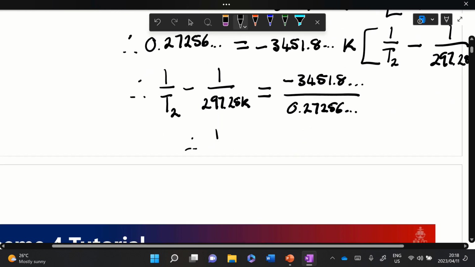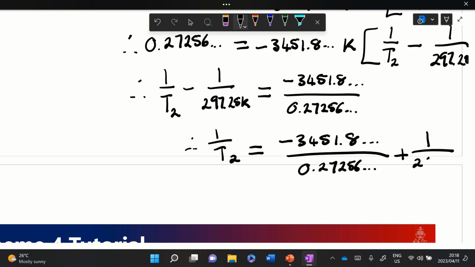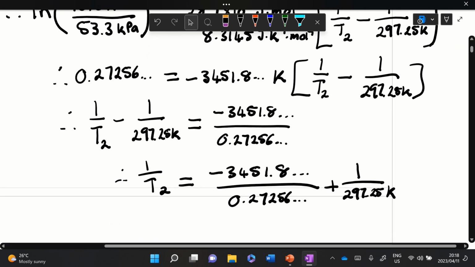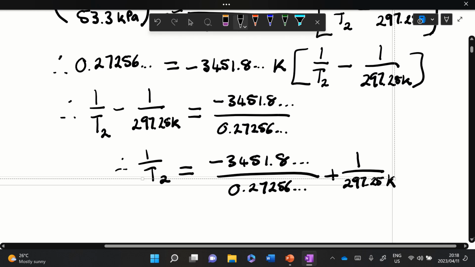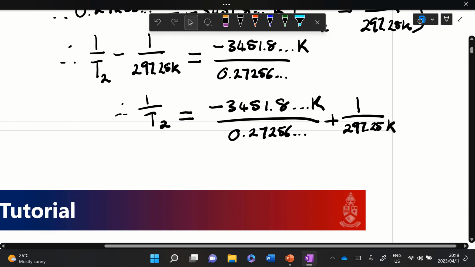In other words, 1 over T2 is equal to minus 3451.8 over 0.27256 plus 1 over 297.25 Kelvin. This is Kelvin, of course, and this is just a unitless quantity. And this is per Kelvin.